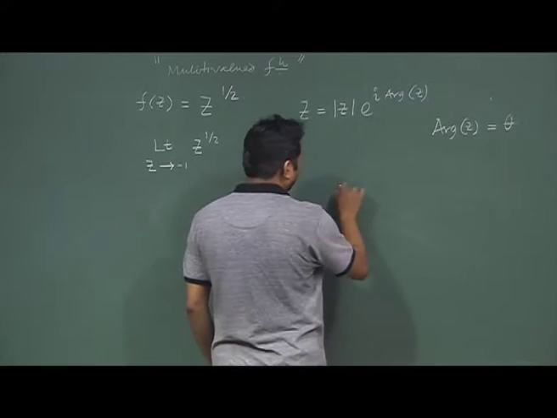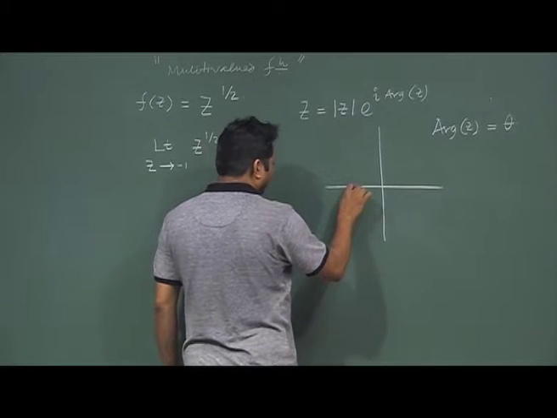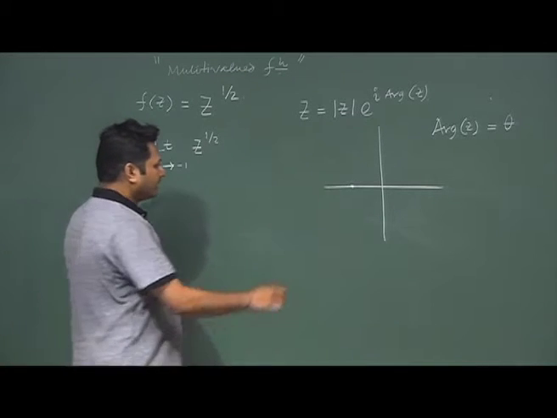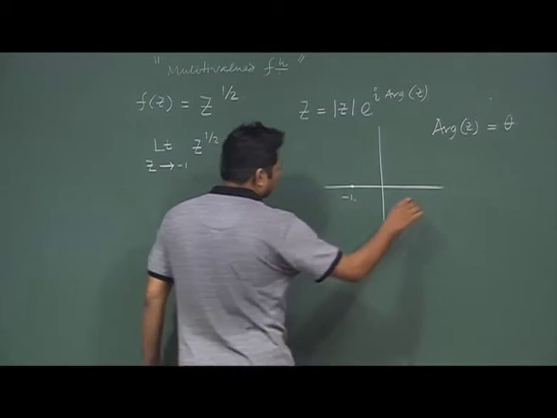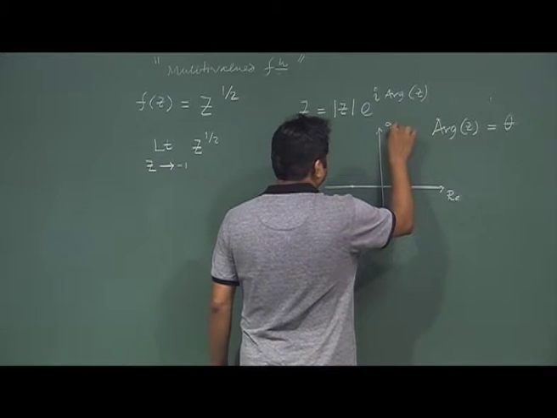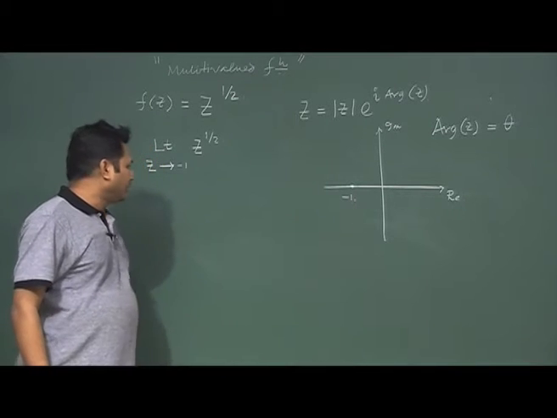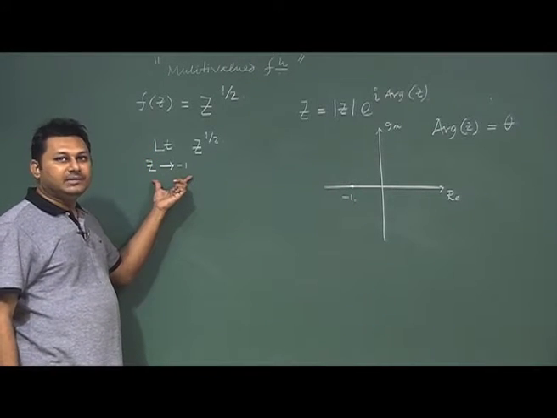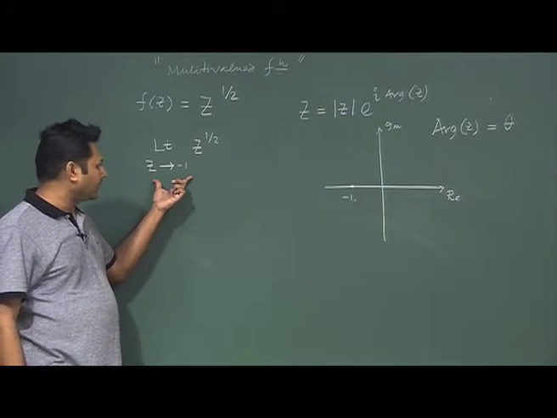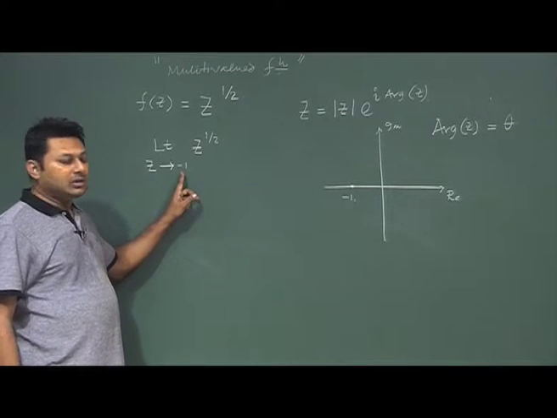If I draw that in the complex plane, which point am I targeting? This minus 1 point, with the real axis and the imaginary axis. When I try to find the limit, my approach should be from all directions, because the condition is that z tends to minus 1.